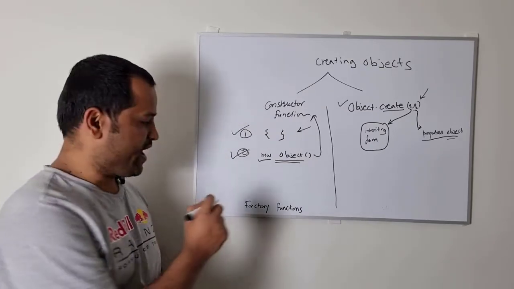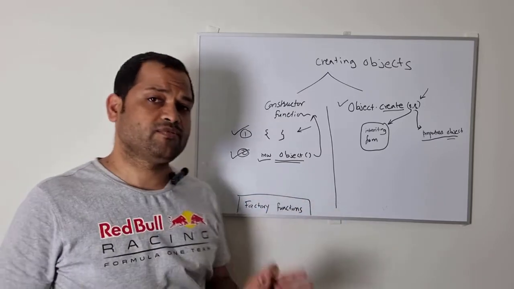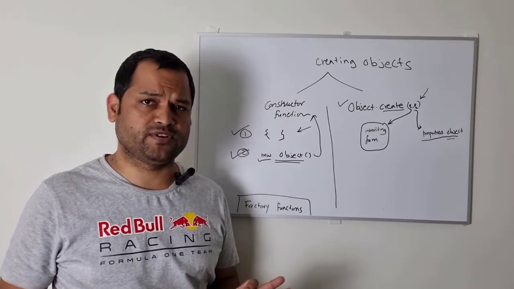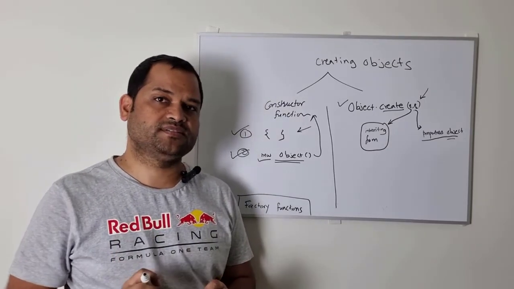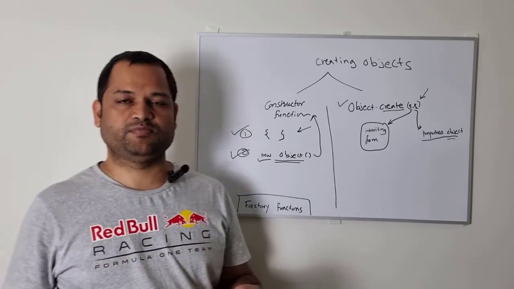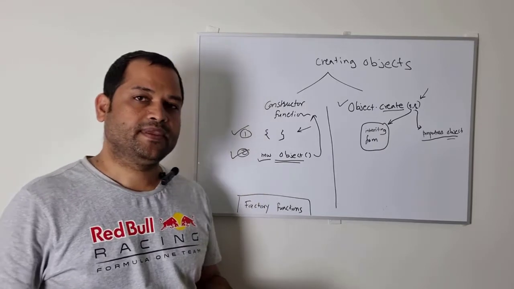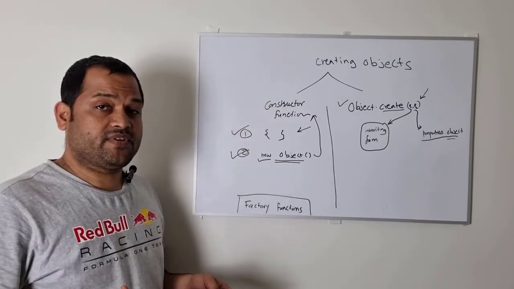Now coming back to factory functions. A factory function is nothing but a simple function in JavaScript. The only difference is that it is returning an object. A function can return true, false, boolean values, primitives, numbers, etc. But a function that returns objects is called a factory function.